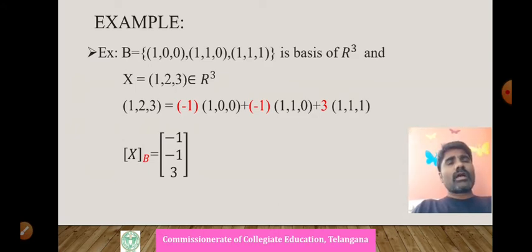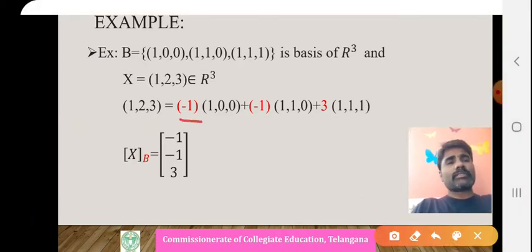Now (1, 2, 3) can be written as a linear combination of elements in B, that is (1, 2, 3) equals minus 1 into (1 0 0) plus minus 1 into (1 1 0) plus 3 into (1 1 1). Therefore the coordinate vector of x with respect to the basis B is given by (minus 1, minus 1, 3).